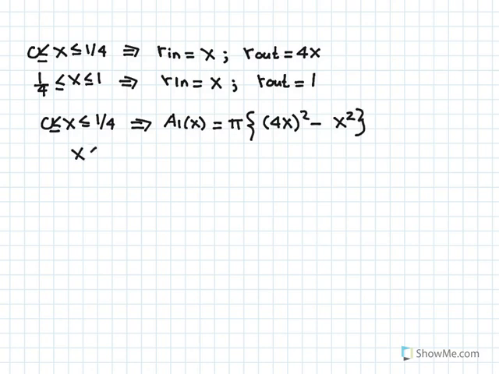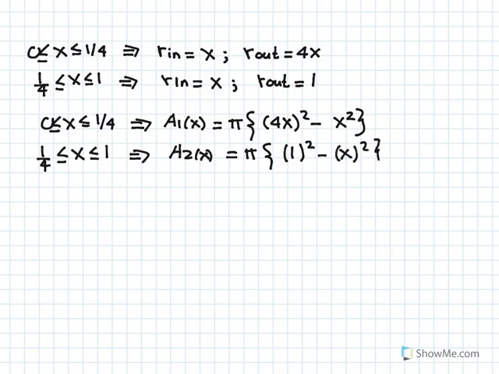But when x is between 1/4 and 1, A2 of x is equal to the cross-sectional area, pi times the outer radius, which is now different. The outer radius is 1, all squared, minus the inner radius, that's the same, x, all squared.